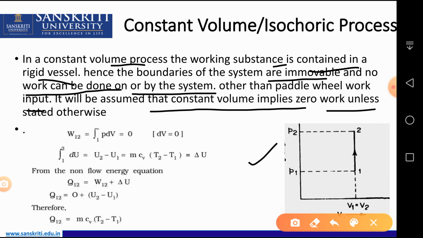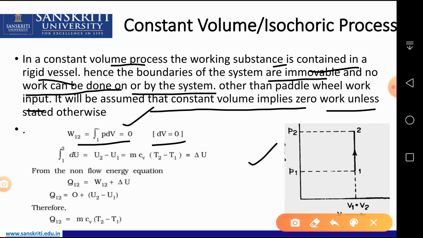We have to know that at the initial and final state the volume is the same. We already know the work formula is pressure multiplied by change in volume. There is no change in volume, so the work done for the process 1 to 2 is 0.